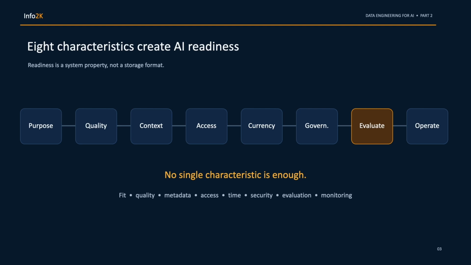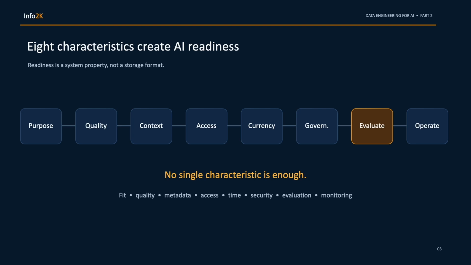Sixth is governance. Privacy, security, consent, lineage, retention, and permitted use must be enforced. Seventh is evaluation. Data must represent realistic situations, including difficult, ambiguous, and high-risk cases. Finally, operations readiness must be maintained through monitoring, ownership, alerting, and remediation. This framework draws together the recurring themes in IBM and Microsoft guidance: quality, accessibility, trust, metadata, governance, security, and ongoing management.